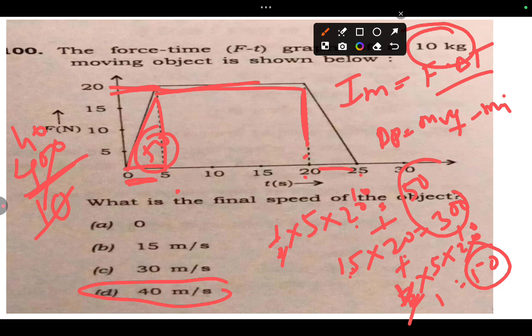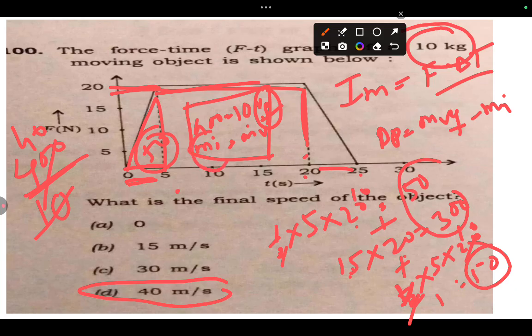According to the momentum impulse theorem, starting from rest, the area value 400 is equal to 10 into the final velocity. This is momentum initial, this is momentum final.